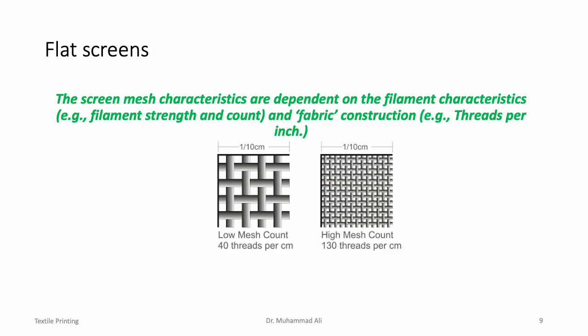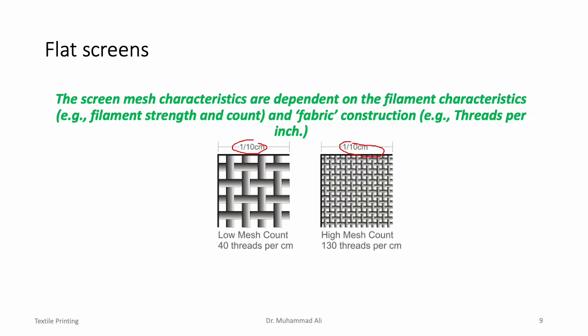In these two images, you can see a 1 by 1 plain woven mesh. It's the same scale, so that's 1/10 of a centimeter for both, as you can see. However, in this image on the left hand side, you can see that there are fewer threads or filaments per centimeter or per inch.